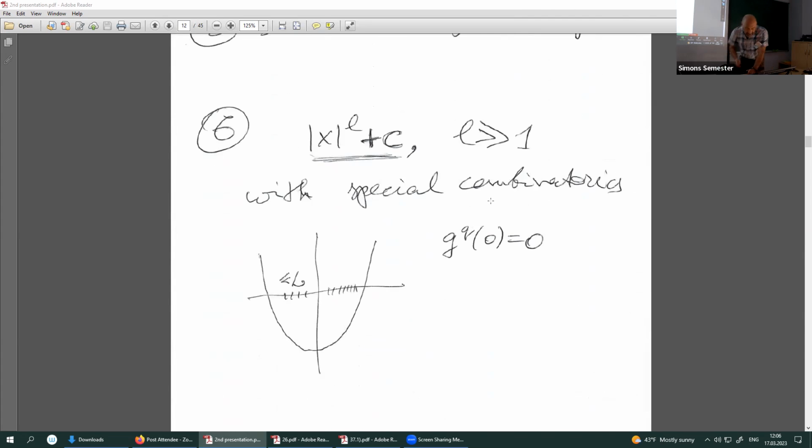Now, our main initial motivation was this family. Unfortunately, we could not prove the lifting property for all combinatorics, but we prove it for many.